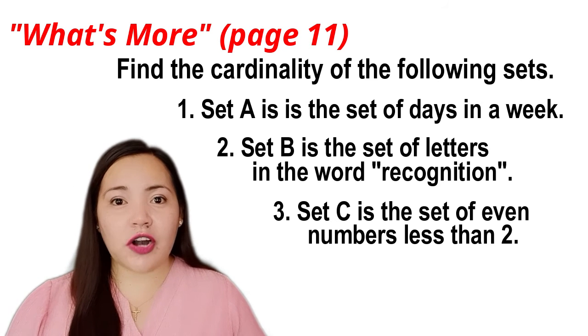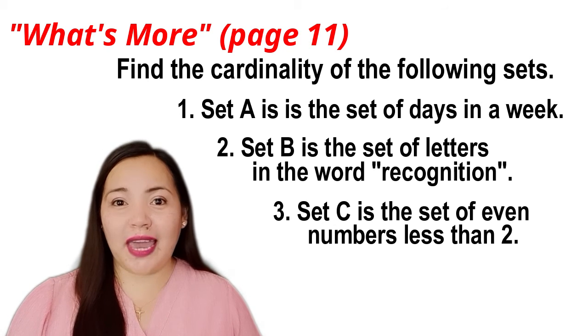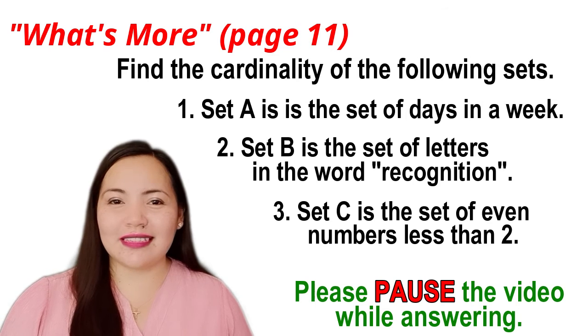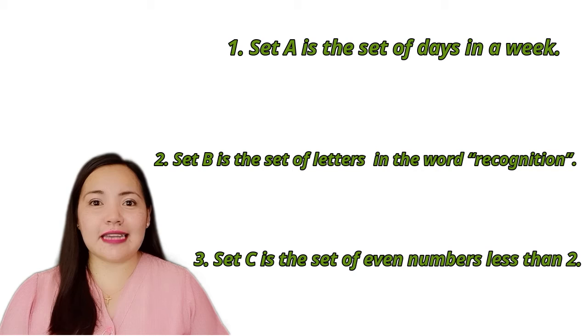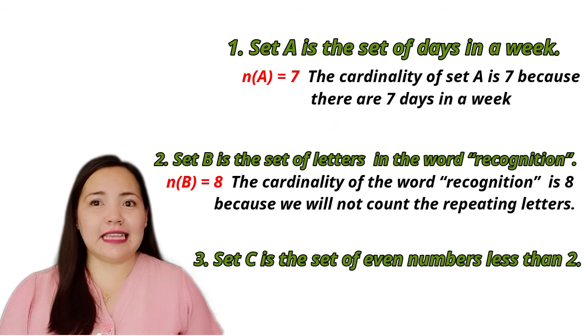Can you find the cardinality of sets A, B, and C on page 11? Please pause the video for a minute to answer. The cardinality of set A is 7 because there are 7 days in a week, while the cardinality of the word difficulty is 8 because we will not count the repeating letters.